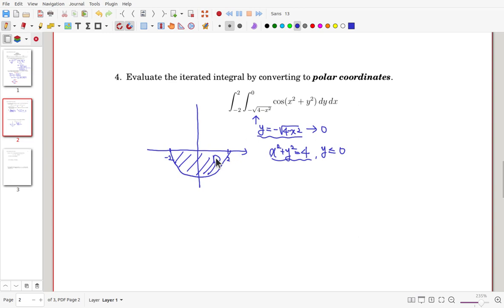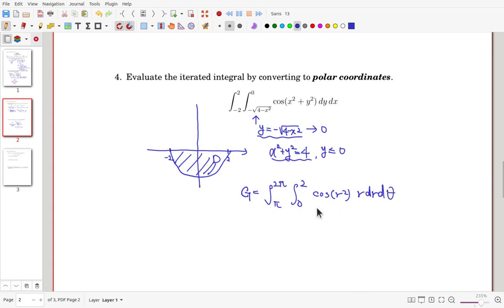That's region D. Now, this is polar coordinates, so the given integral must be the same as theta from pi to 2 pi, and then r from 0 to 2, and cosine of x squared plus y squared, which is r squared. And dA, dy dx, must be changed to r dr d theta.